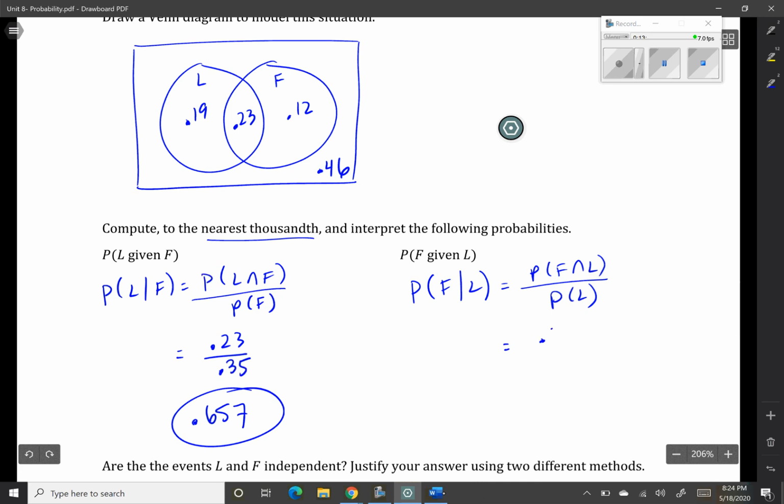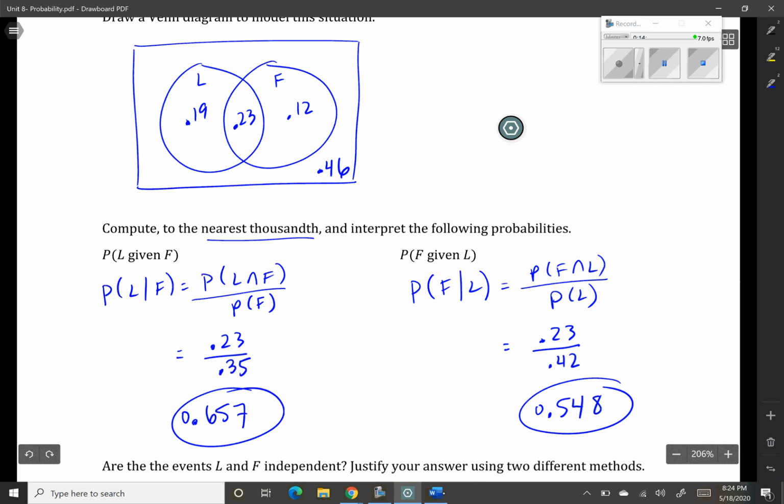It's still going to be 0.23. That's not going to change. But the denominator is going to be the probability of being a long-term card holder. So that was a 42% chance of happening. So if I do 0.23 divided by 0.42, I wind up getting a decimal of 0.548. I like to put the zeros in front. It makes it look neater.